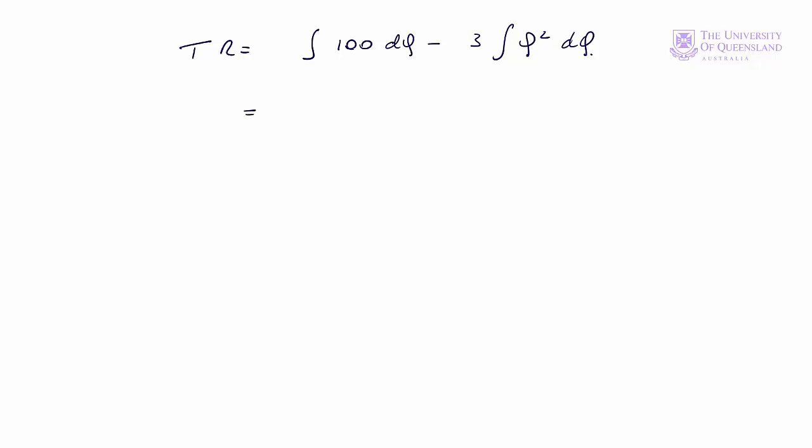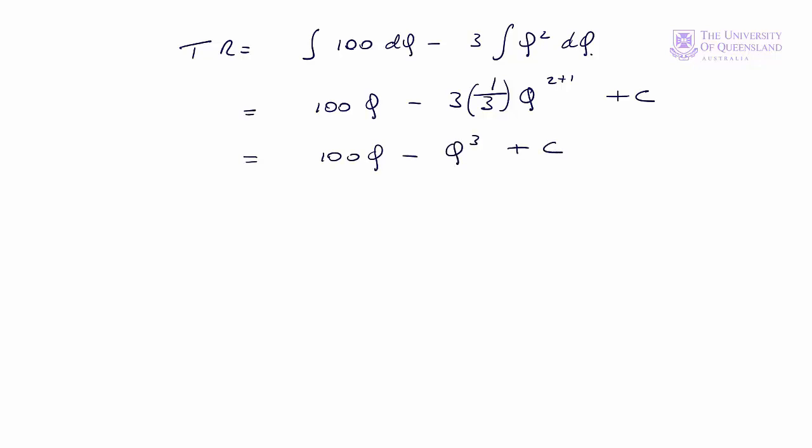So we've got a constant there, so that will be 100q minus 3 times, well, that will be q to the 2 plus 1. That's equal to 3, so we'll divide by 3. And then plus c, equal to 100q minus q cubed plus c.